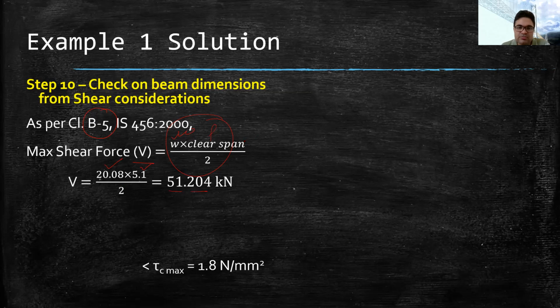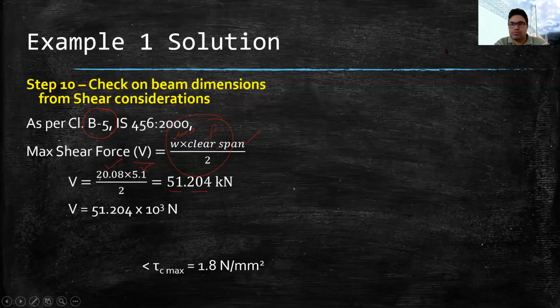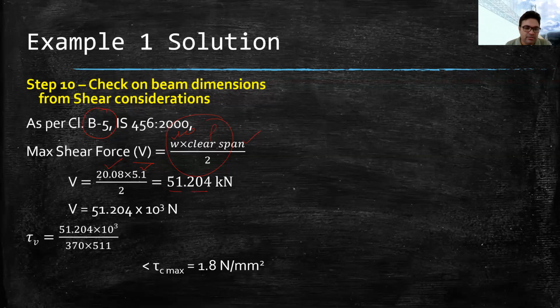And how we find out this, I have already explained in one of the parts, so please refer to that if it is not clear to you. Then this V value we can convert into Newton also. So now we can easily find out the value of tau V, and tau V is V upon BD.